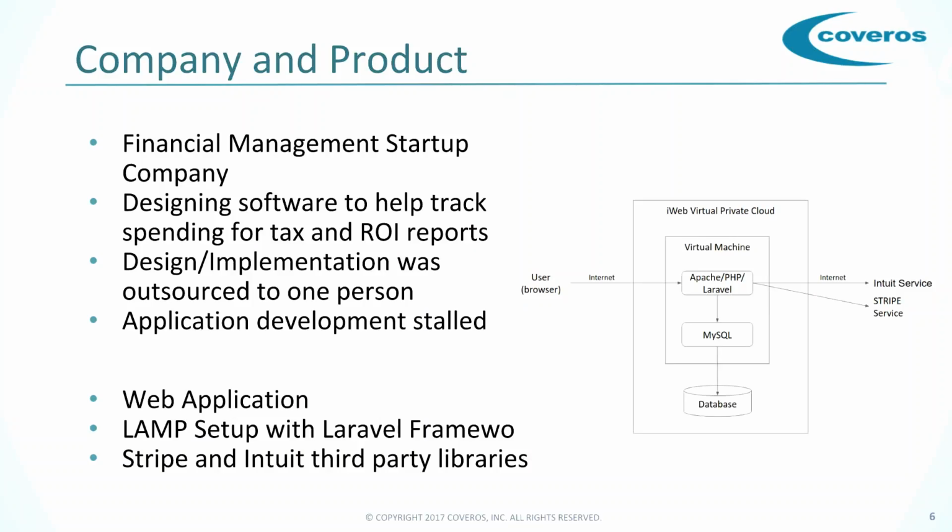They designed software built to help real estate agents track their income, both against what they are making and what their expected tax reporting would be at the end of the year, so that they don't spend all of their money and then find at the end of the year that they have nothing to pay the IRS with. It also let them look at their ROIs, their return on investment, so if they're putting a lot of money into marketing or into one particular sector, they can see if they're getting money back. Is this a smart investment? Is this not a smart investment?